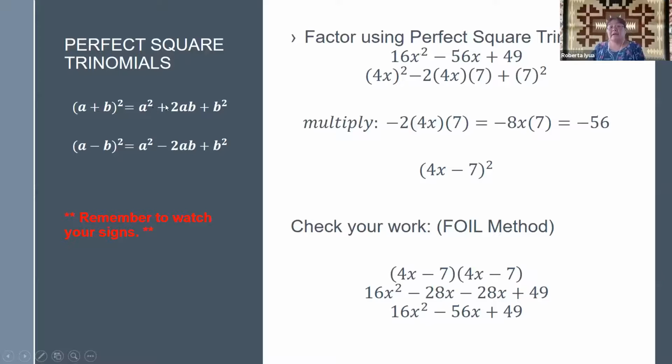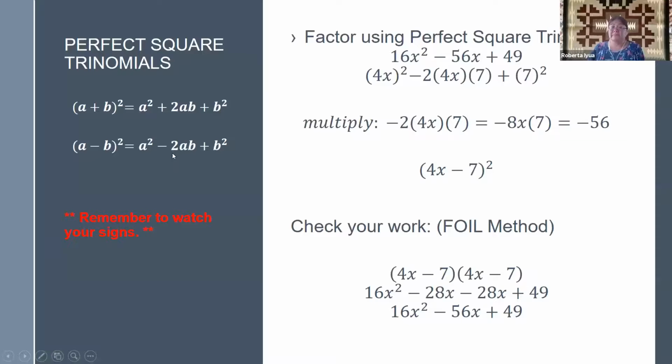For the a squared, I put 4x and squared it because of this x squared. And then I put 7 squared because when you square 7 it becomes 49.